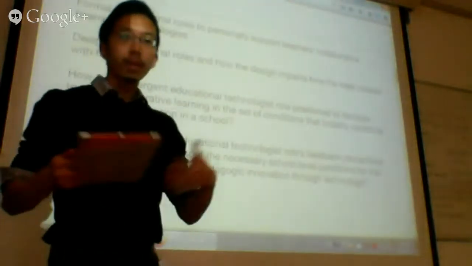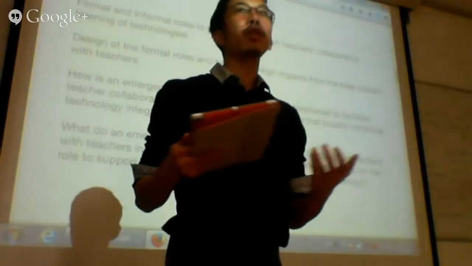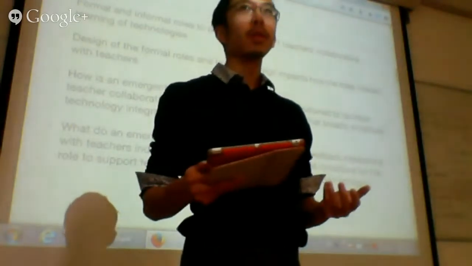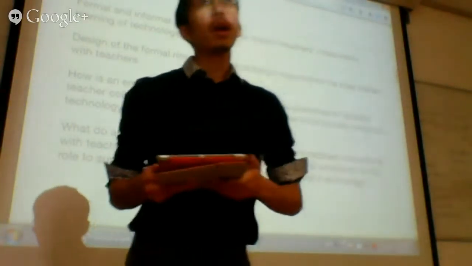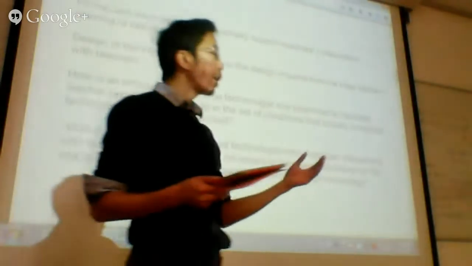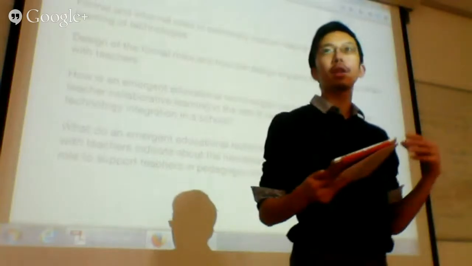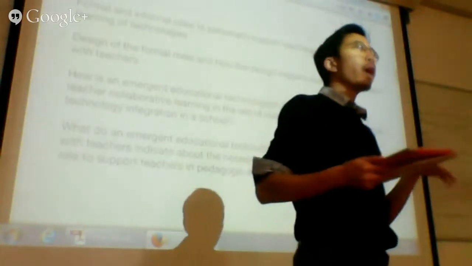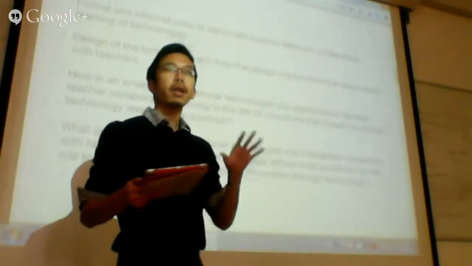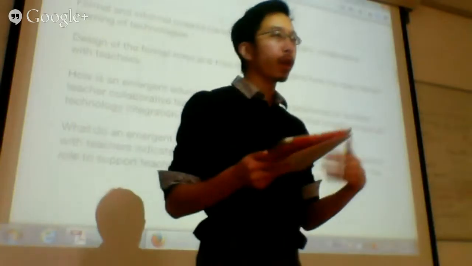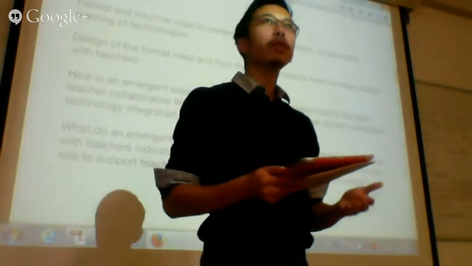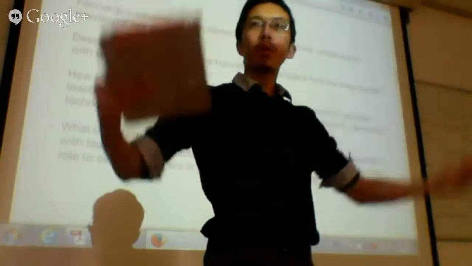Research on these educational technologist roles is just growing now, and part of the focus has been on the interpersonal interaction between teachers and these technologists. But we haven't taken a step back and seen how these interactions are designed and how they fit into the wider scheme of organizational learning.